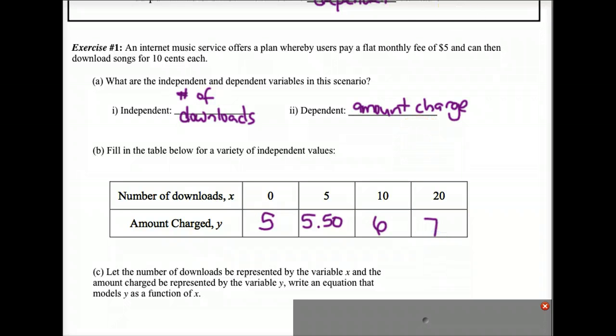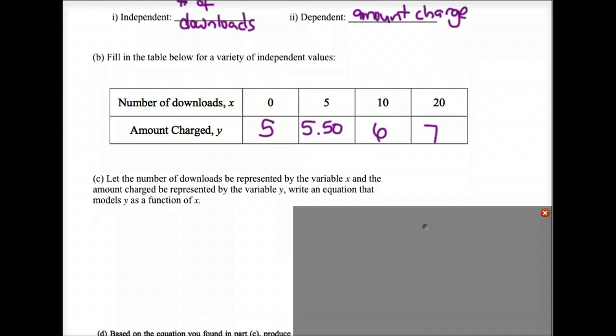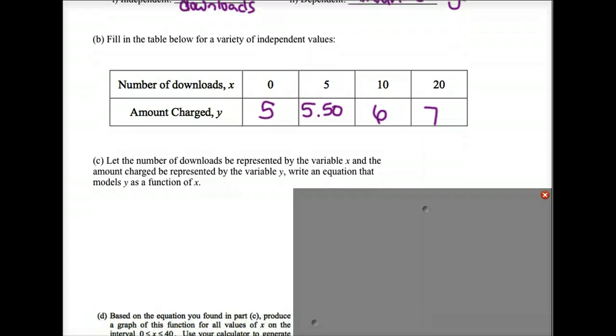C, let the number of downloads be represented by the variable x and the amount charged represented by the variable y. Write an equation that models y as a function of x, meaning I want a function y equals something. So I know the total is going to be the $5 that I need to pay up front plus whatever I download at 10 cents each.